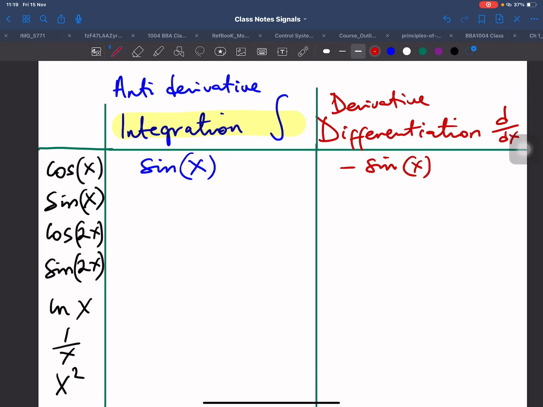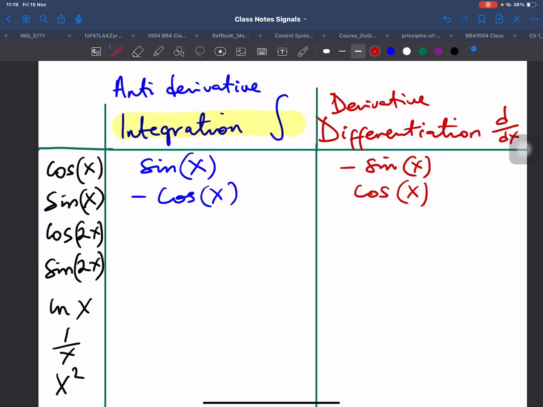This means that if you integrate minus cos, you get minus sine, and if you differentiate minus cos, you get plus sine. That's how it works. Then for sine, if you integrate sine, you get minus cos. If you differentiate sine, you get cos.